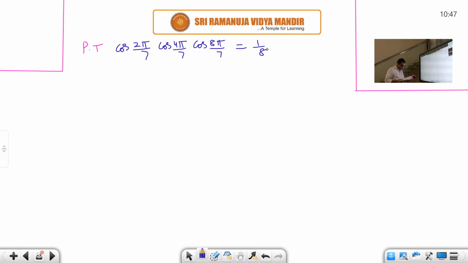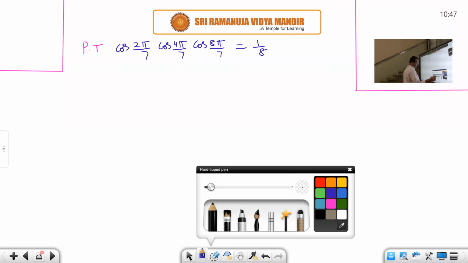Cos 2 pi by 7, 4 pi by 7. See, there is another important method. All the students, please listen to me carefully. There is another method called CS method. CS method is like this. We'll start like this.